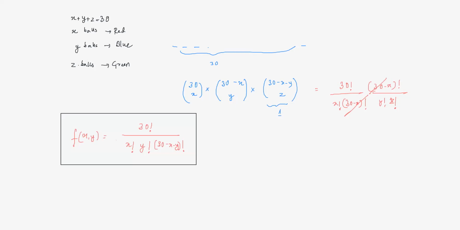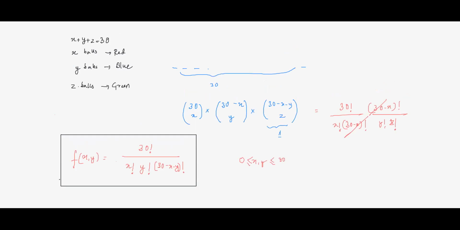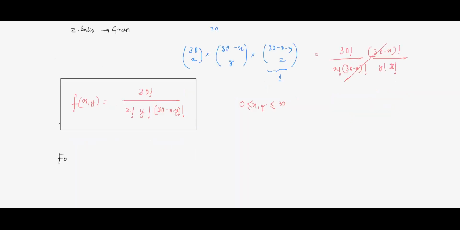Yes, so therefore we get that this is a function we are getting for X, Y integers from 0 to 30. So the question is: for which X, Y pair is f of x, y maximized?